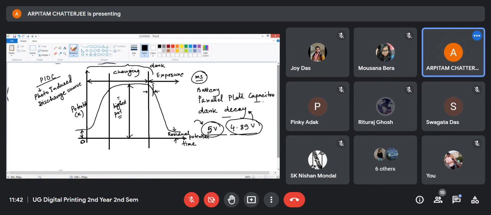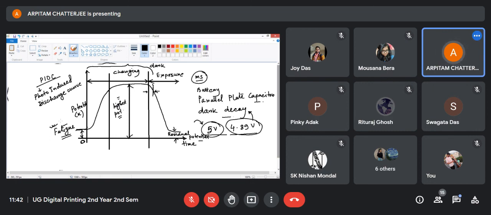Even if you are not charging, a small amount of potential remains. This happens due to fatigue. That means after long usage of the photoconductive drum, there are some wears and tears that are inevitable in any photoconductive or photoreceptive material.